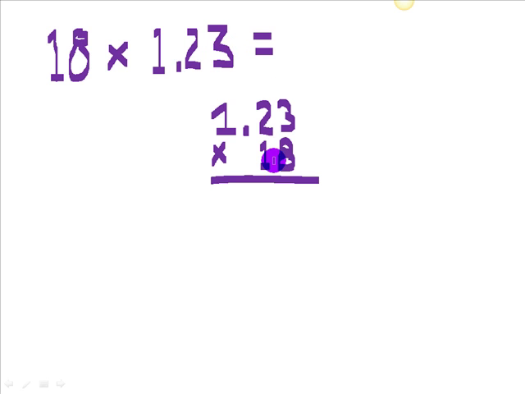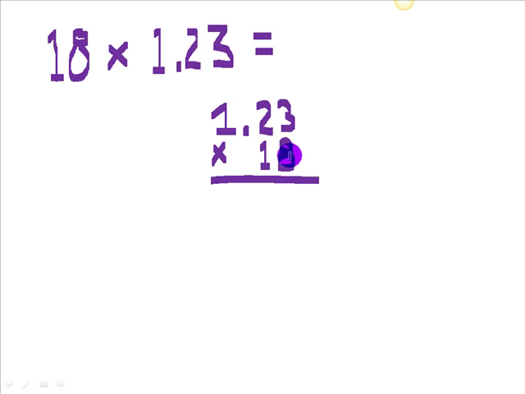So let's take a peek. What I did was line these up so that my last number is as far to the right as it can be, directly over each other. I chose to put 18 on the bottom so that I only have 2 rows of numbers to add. I could have done it the other way, but then I'd have 3 rows to add, and I find it's easier to simplify things as much as possible.